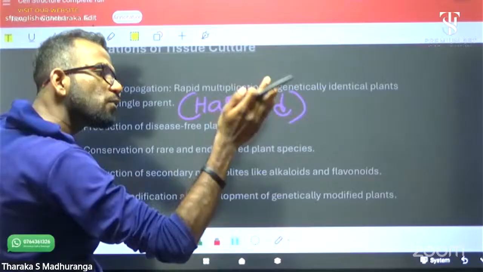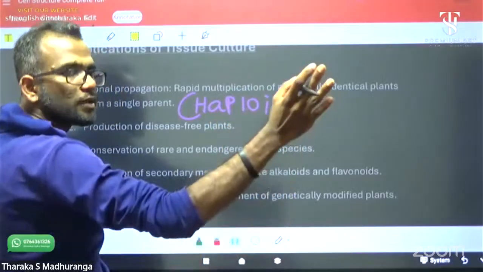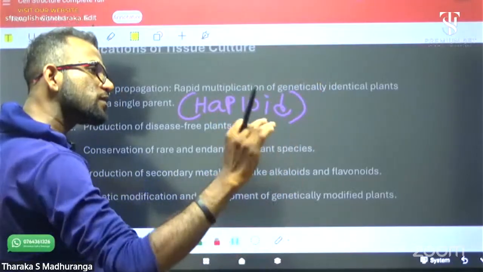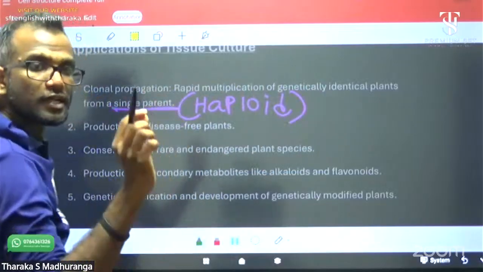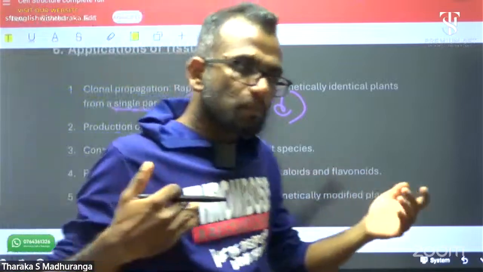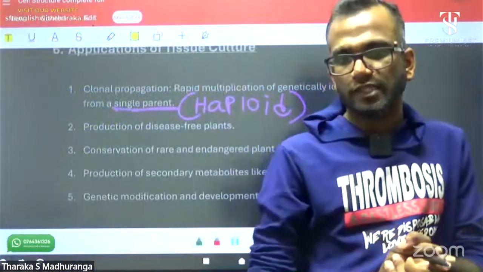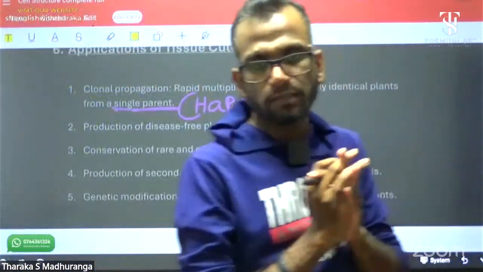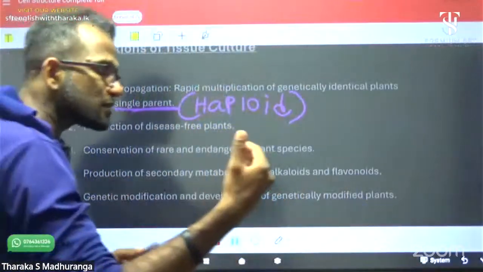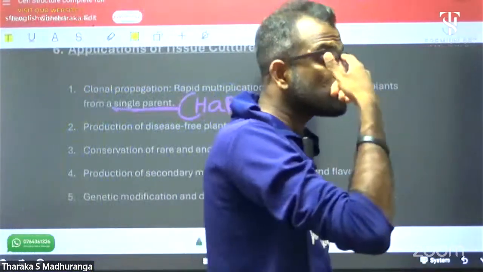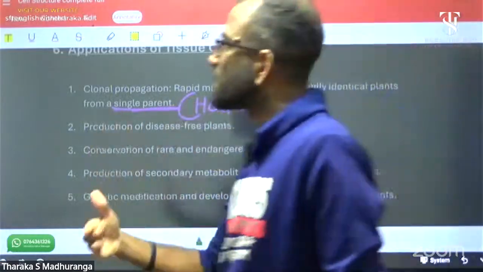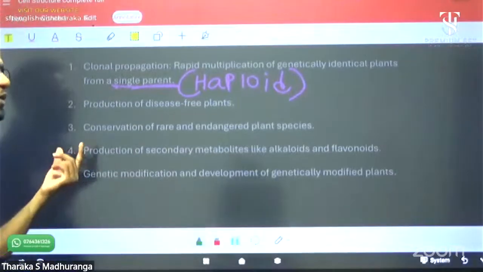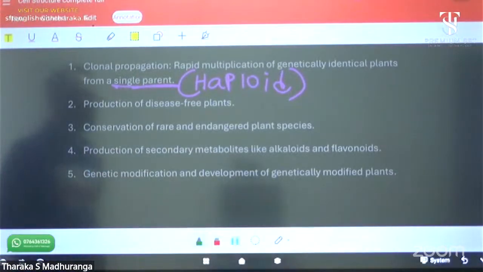Diploid plants mean both parents' characteristics, mother and father, are involved. But in tissue culture we take a part from a single parent plant. Then the whole population has the same characteristics. That's the main advantage. Maintenance is very simple. The harvest is also the same, and the nutrition requirements are the same.